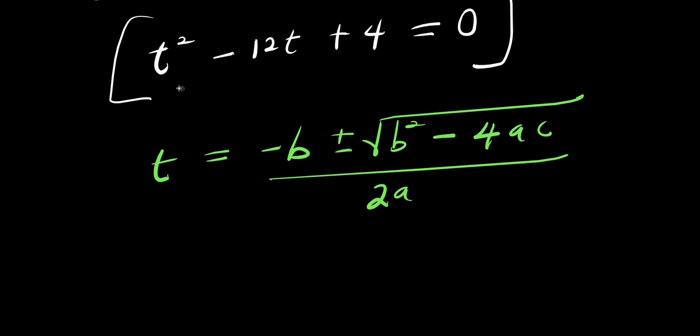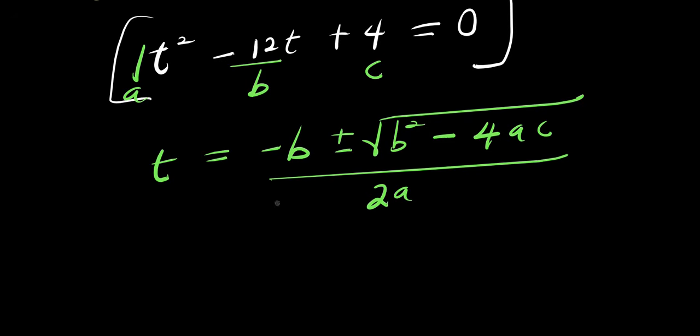And to find the value of a, b, and c, come over here. One is the coefficient of t squared, that is my a. Then negative 12 is the coefficient of t, that is my b. This is my c.